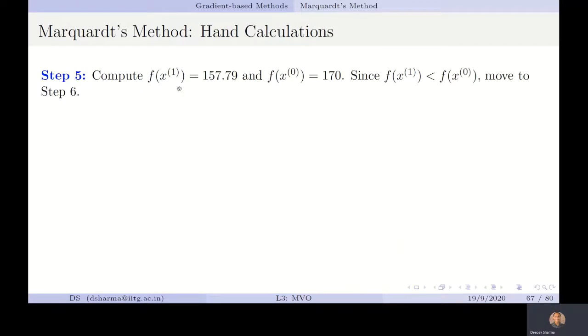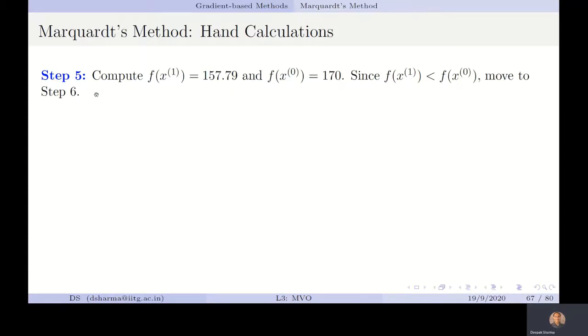Thereafter, we compute the function value at the new point, x1, which is 157.79. The function value at x0 is 170. Since the function value at x1 is better than the function value at x0, we move to step 6, meaning that the direction which we have found is the correct direction.